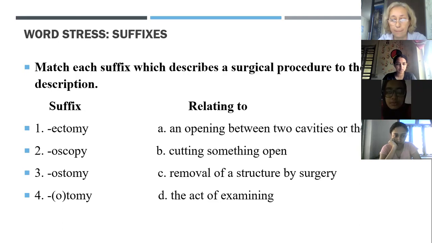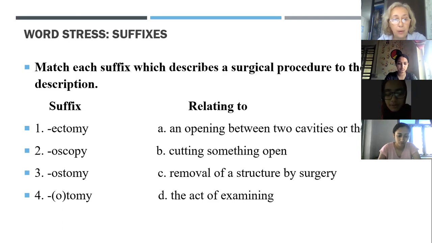Who can help us? The word with the ostomy suffix. Sorry, I don't know. Okay, neither do I, because I am not a doctor. But if we just try, we can find such terms.